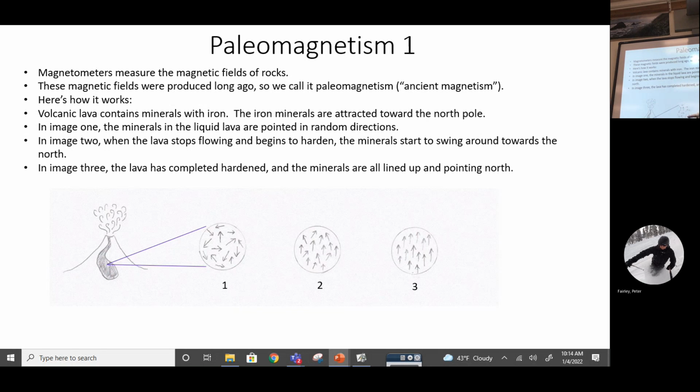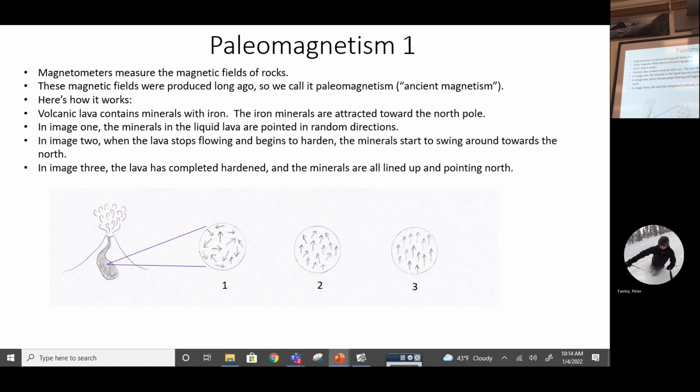At first, when the lava is liquid, the iron crystals are pointing in random directions and it's flowing down the mountain and they're tumbling over each other because it's a liquid, right? But as it cools off, but not before it's completely solid, as it stops flowing downhill, that gives those iron crystals a minute to point north because they act like a magnet inside the lava.